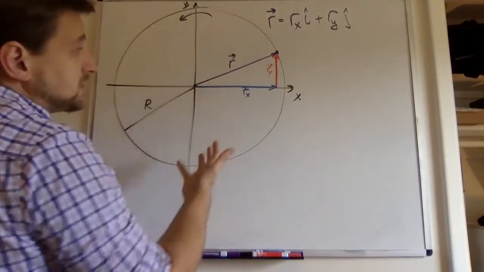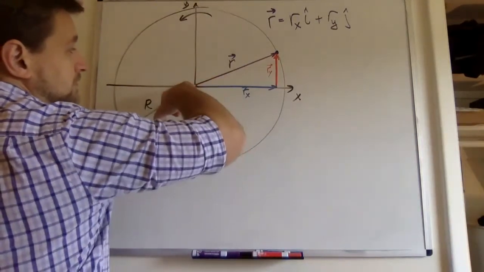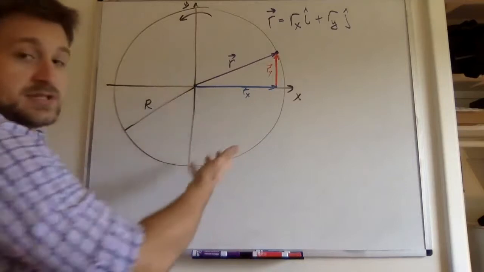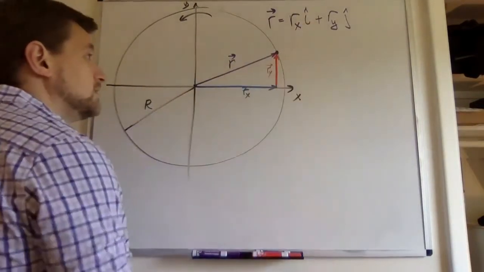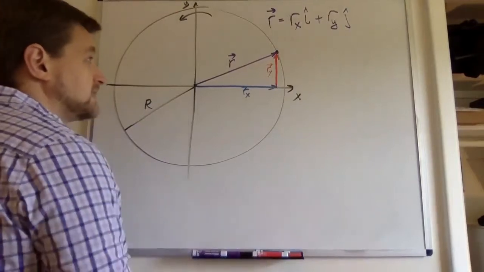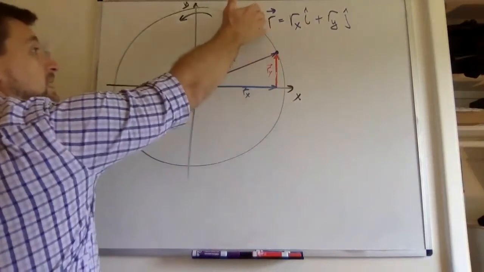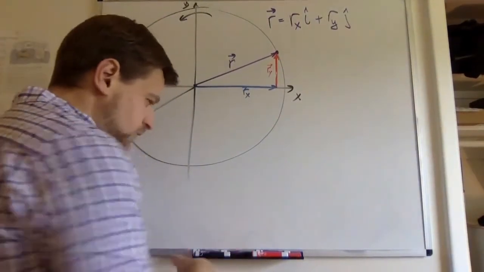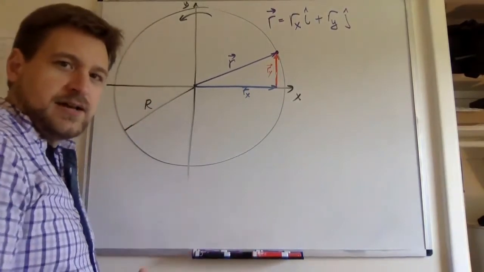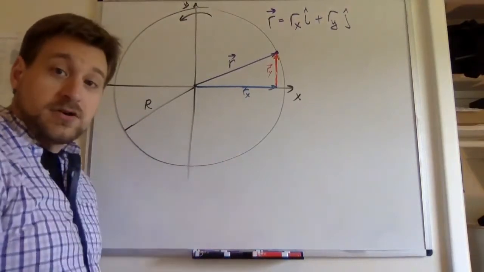And its position at all times is given by a vector drawn from the center of the circle, which is the origin of my coordinate system, to the point on the circumference where the object is at the time. And we know that it has some horizontal and some vertical components, and we can write the vector position this way. But the thing is, we know how to describe circular positions. That's what the unit circle and sine and cosine were all about.